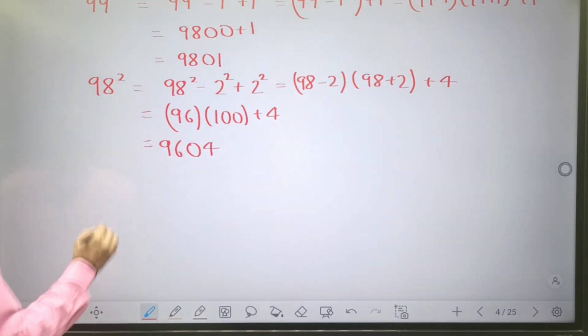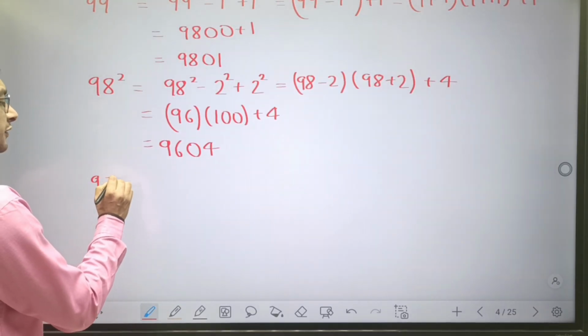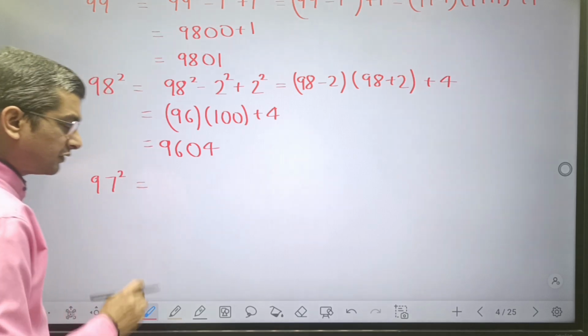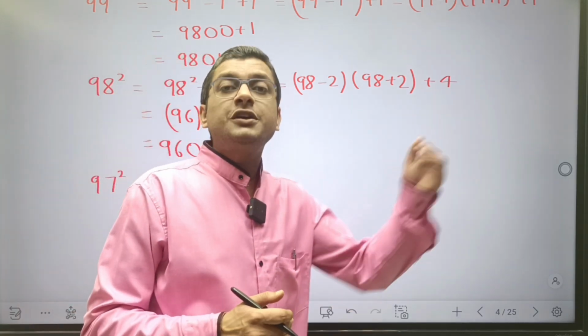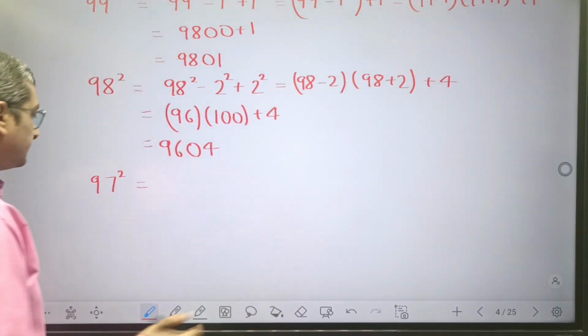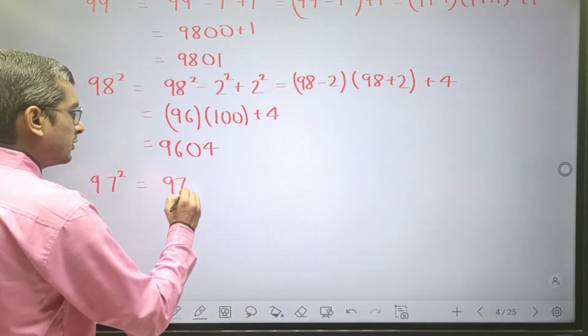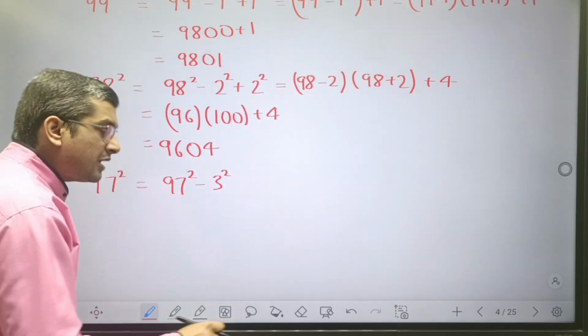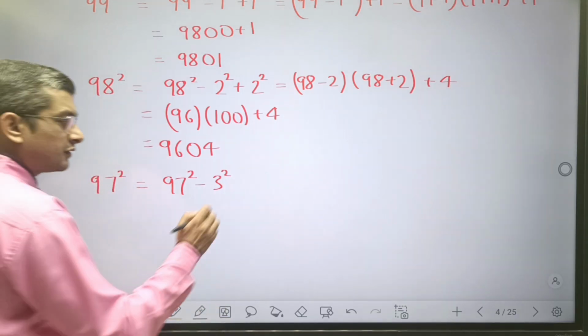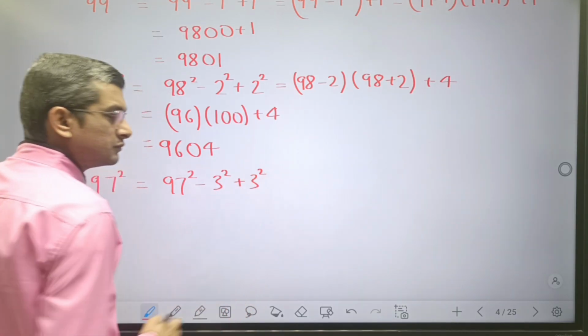So are you getting how you can use this formula? So this is a sort of trick. For example, you wish to find 97 square. So this is 3 less than 100. So in one bracket, we must have 97 plus 3. So for that, we subtract 3 square from this 97 square, and to keep the expression as it is, we must add 3 square.